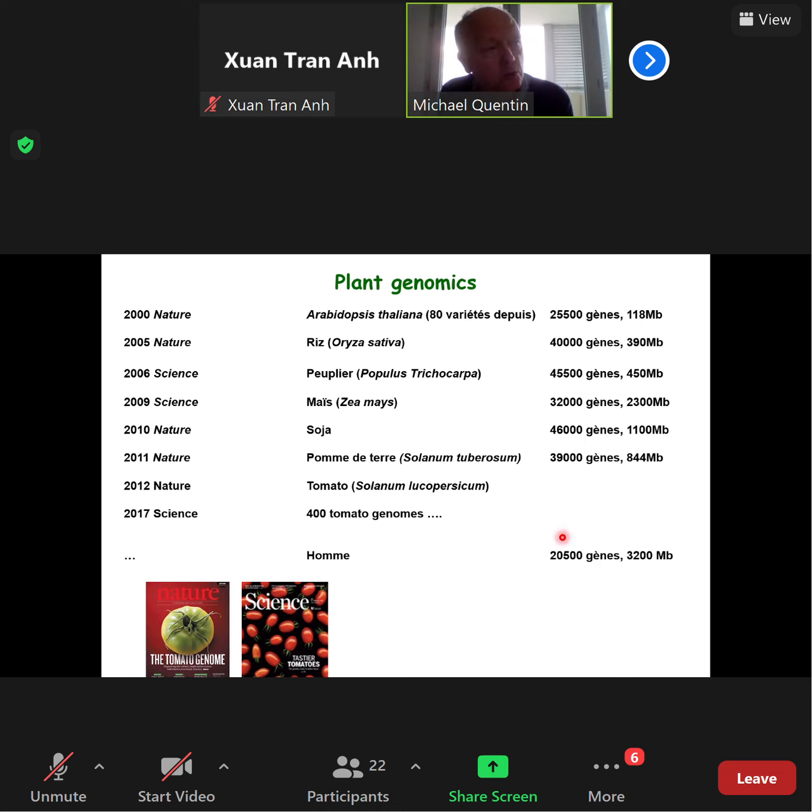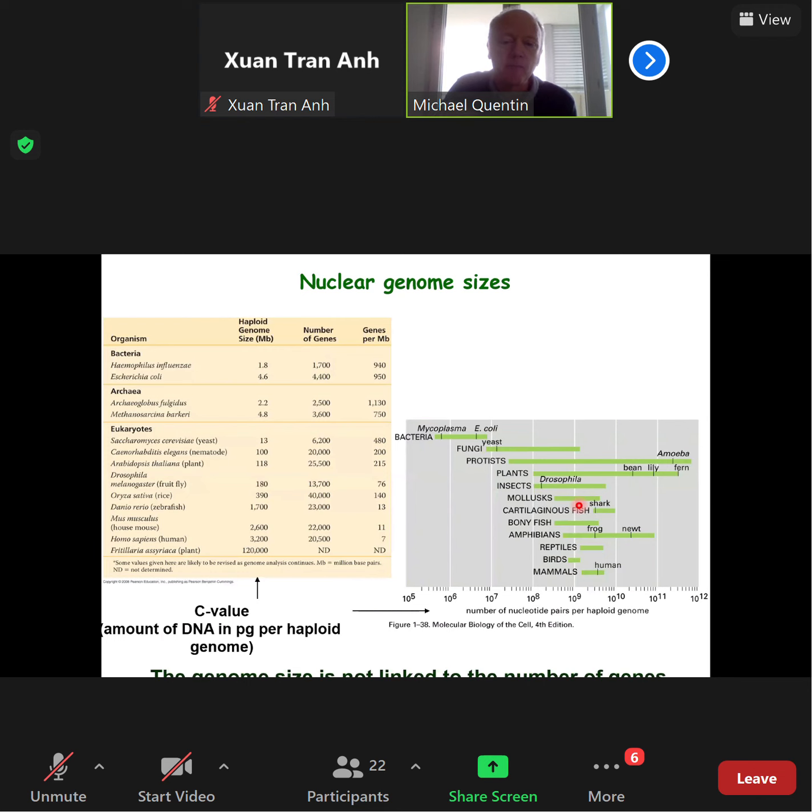If we are exposed to a stress, we may only have to run away. Plants have to adapt to their environment, and probably the huge diversity of genes they carry helps them adapt. That may be one reason for this huge number of genes.